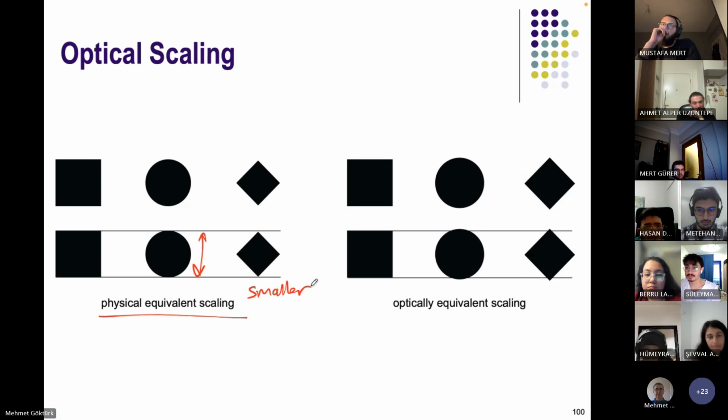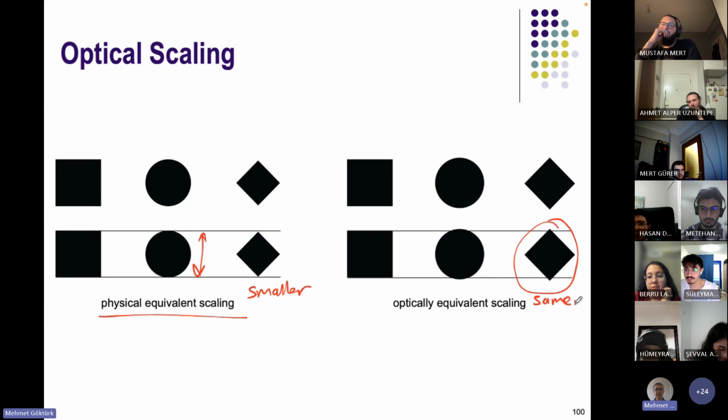Therefore, we need to make them a little bit bigger, so that optically, perceptually, it is perceived as the same. Because the area of this is bigger than the area of the others. So we perceive based on the area, we don't measure sizes.